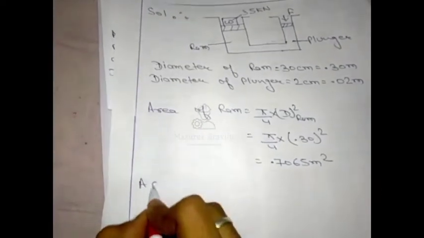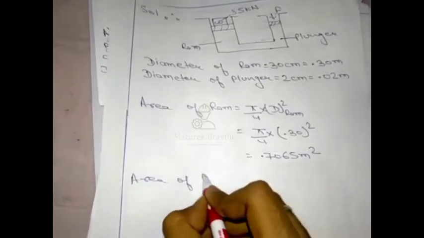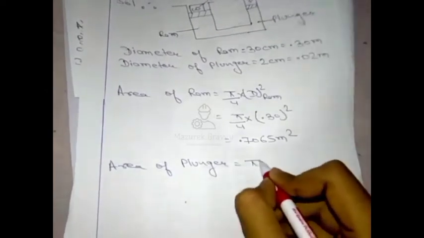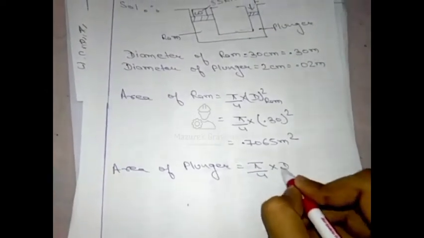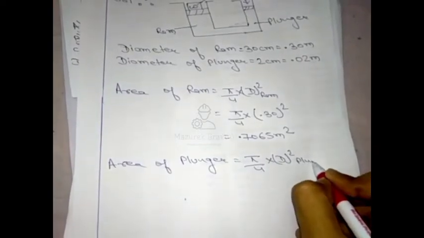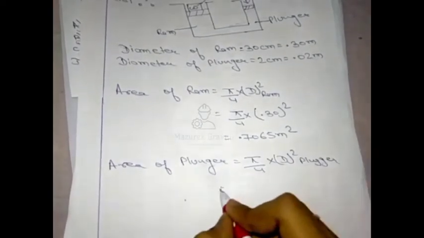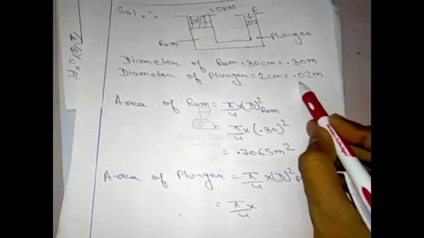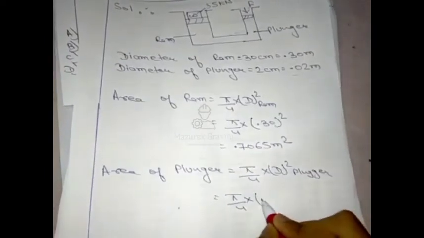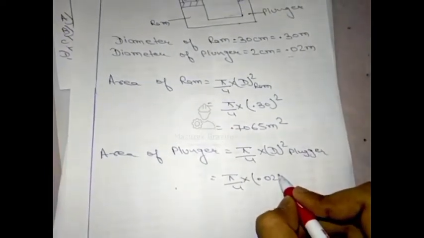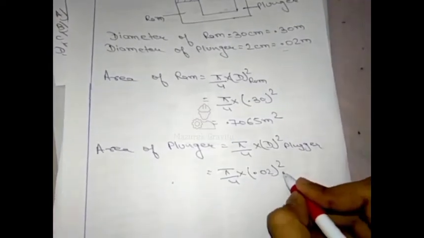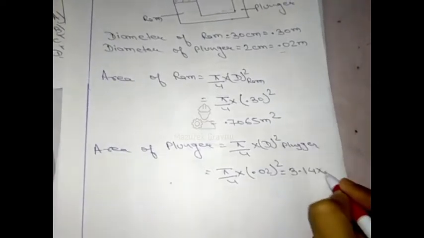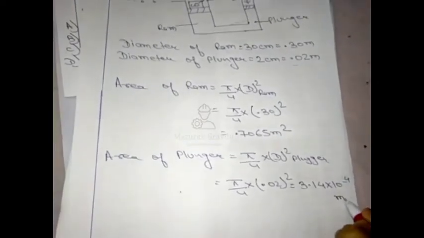Similarly, calculate the area of plunger. So it becomes pi by 4 into d square for plunger. So pi by 4 into d square, and here diameter is given 0.02 meter. So 0.02 meter square. So after calculating, you will get the value 3.14 into 10 power minus 4 meter square.